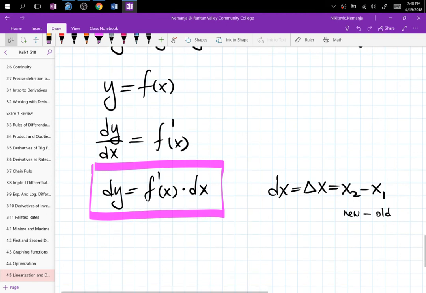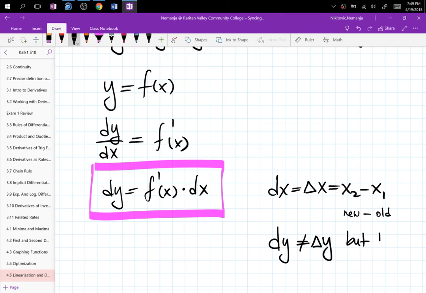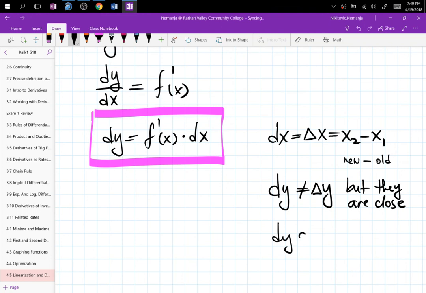And here is the kicker. dy is not the same as delta y, but they are close. And that's why we are approximating. So we can say that dy is approximately the same as delta y. Delta y is going to be a pain in the neck to compute without a calculator. So we compute dy, which is close enough, and we can compute it without a calculator.